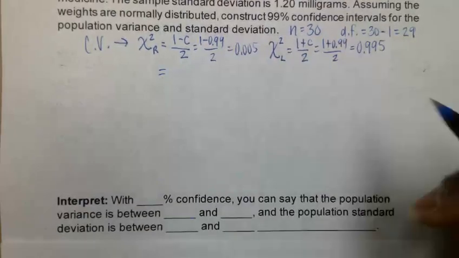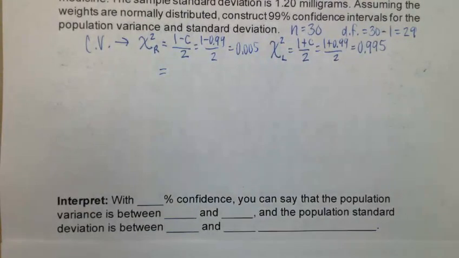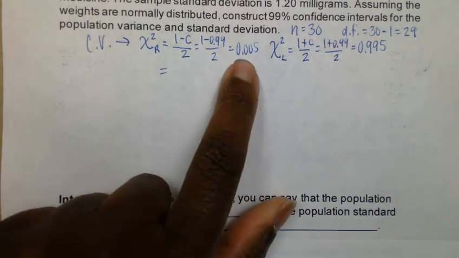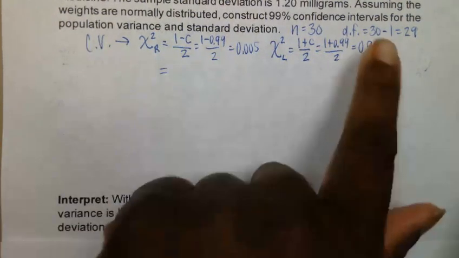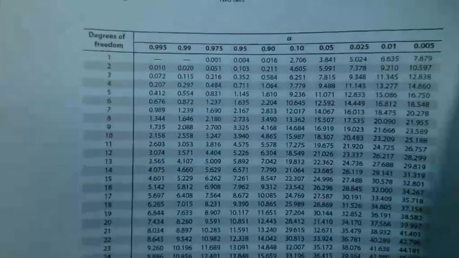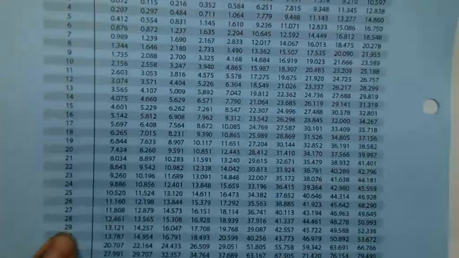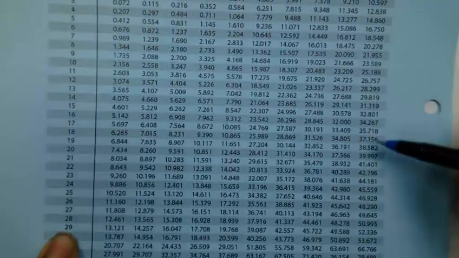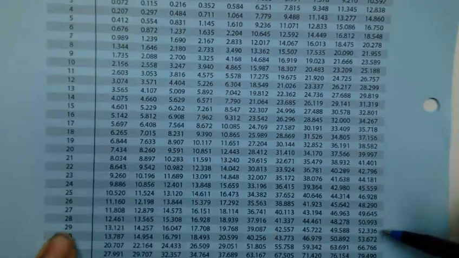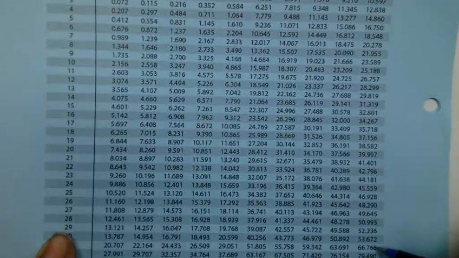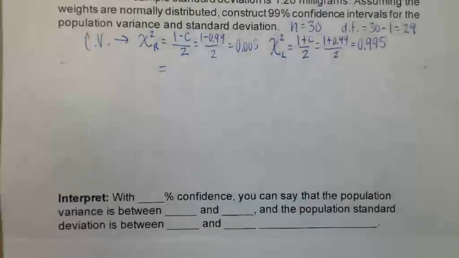Let's get our actual critical value from the table. For 0.005 with DF of 29, 0.005 is that first one, so it's 52.336.